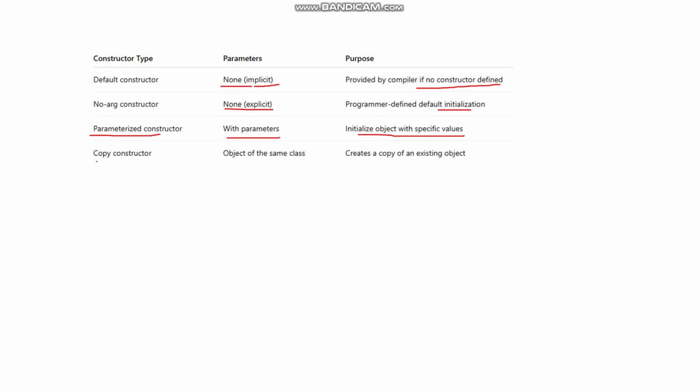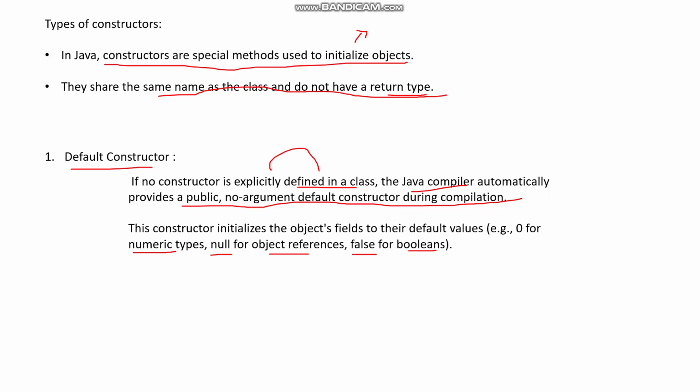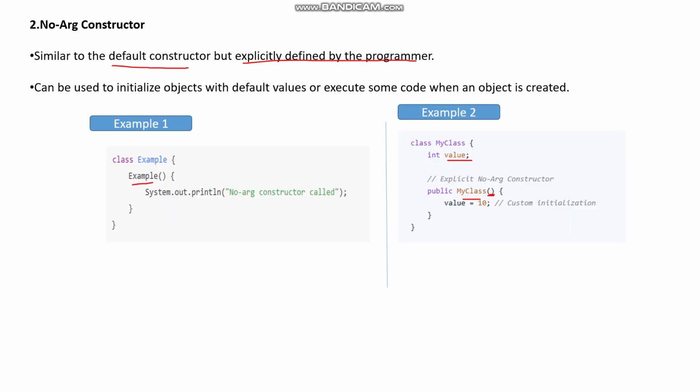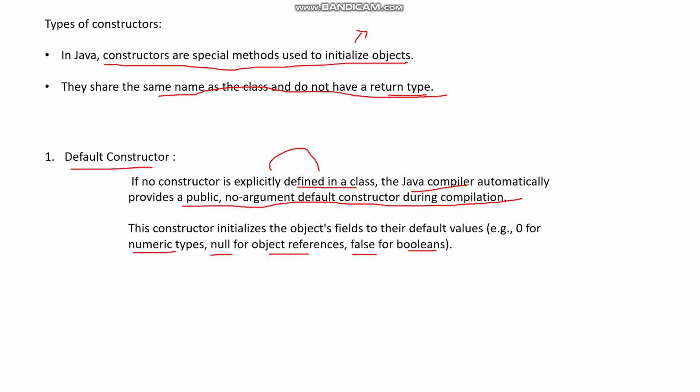Next, the copy constructor. As the name says, an object of the same class is copied to another object, creating a copy of an existing object. These are the four types of constructors provided by Java. The constructor name and the class name must be the same.